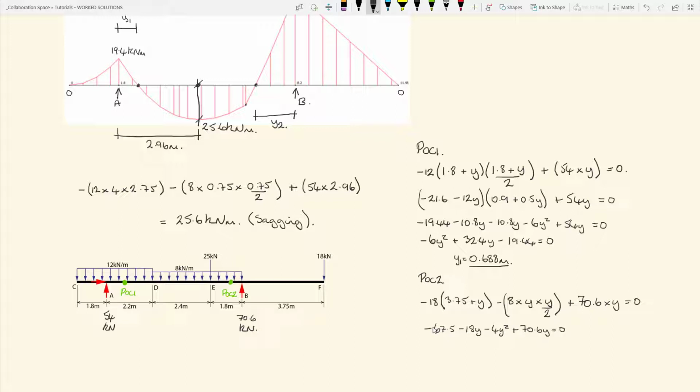And then if we simplify that to turn it into a quadratic, we end up with minus 4y squared plus 52.6y minus 67.5 equals 0. Then again, using the quadratic formula, we end up with a value for y2 equals 1.44 meters.